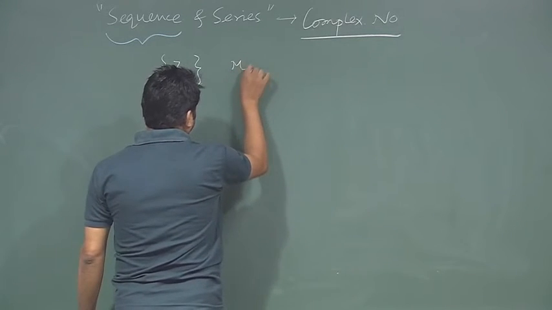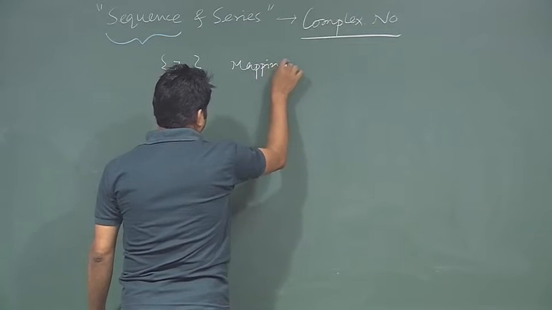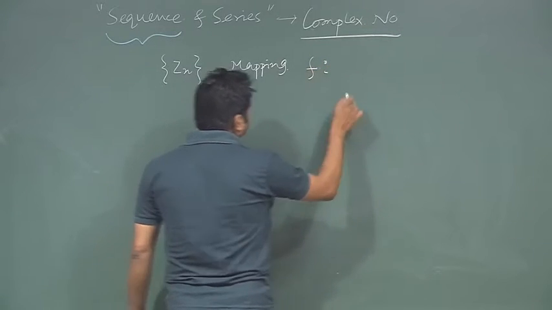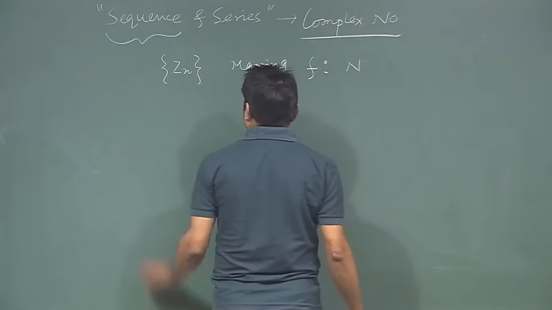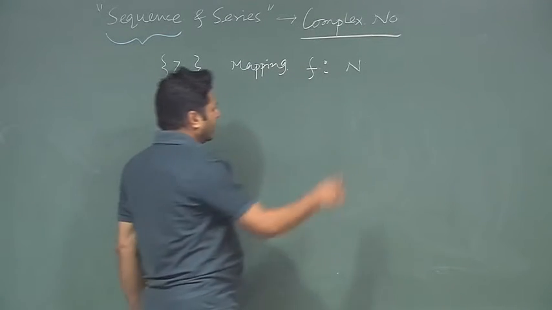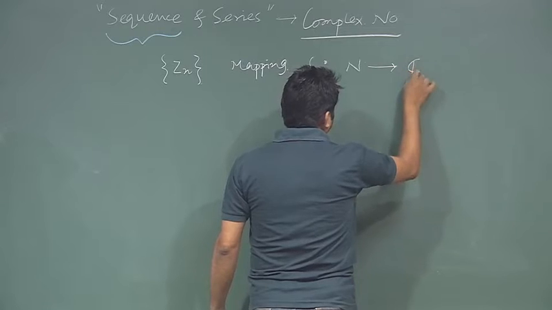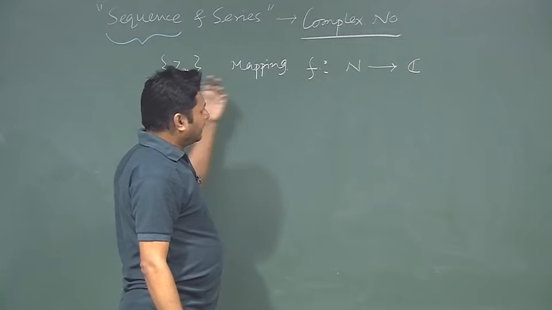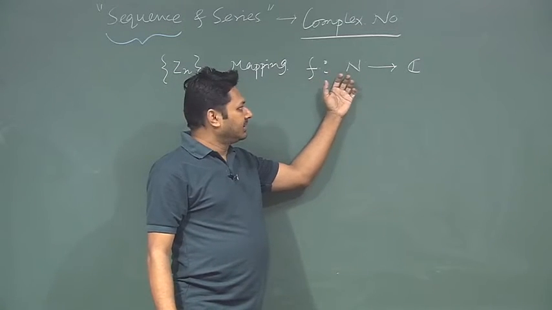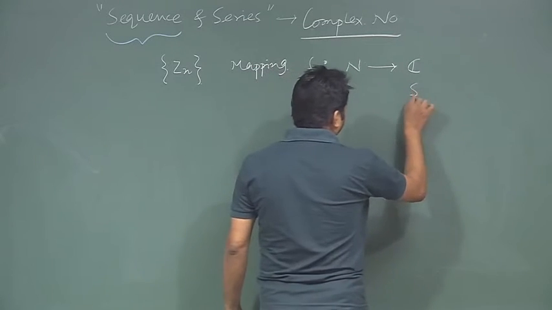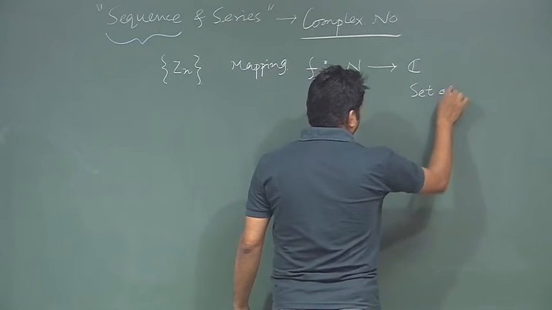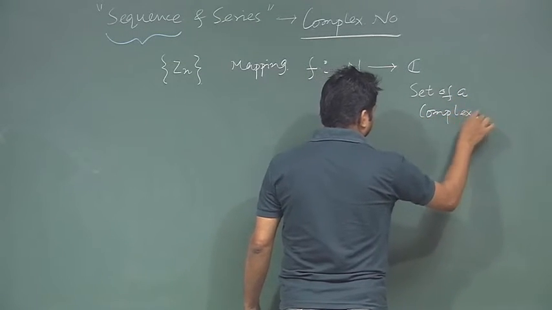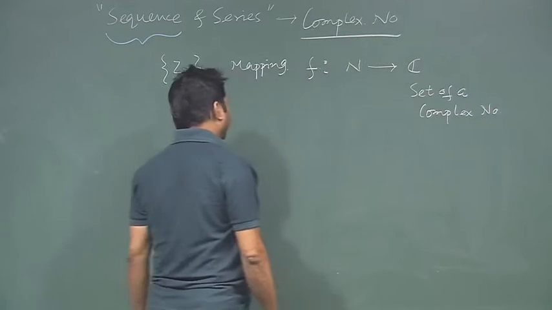It is a mapping, where I will have some positive integer, say n, and it will give me some complex number in C. So, it is a mapping where I put some integer, and as a result I am getting a complex number.